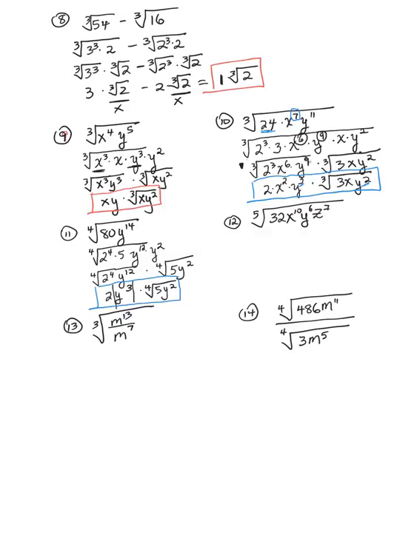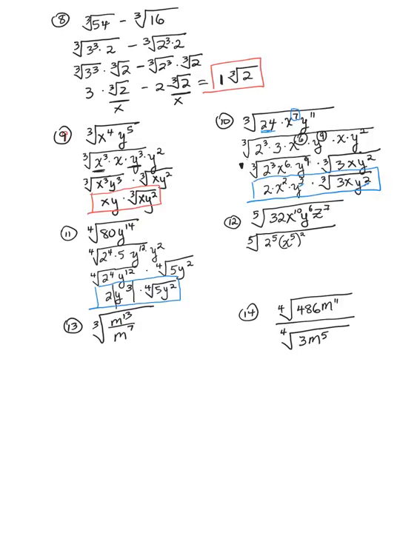Okay, now let's try the 5th root of 32 x to the 10th, y to the 6th, z to the 7th. All right, so again, 32 can be written as, I believe, 2 to the 5th. And then x to the 10th is really x to the 5th squared.